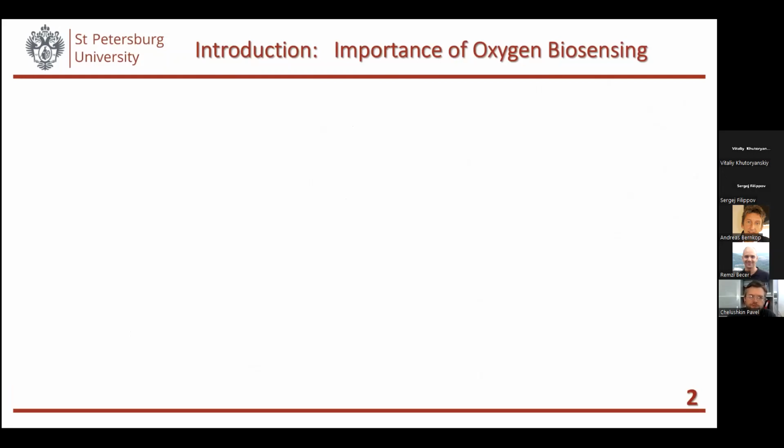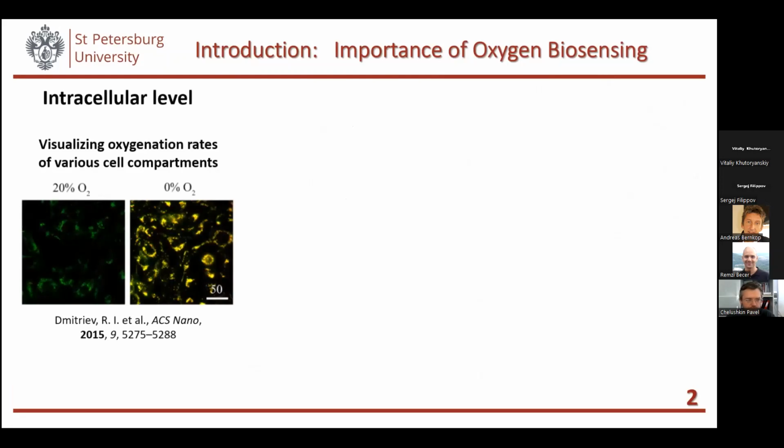about the importance of oxygen biosensing, it's quite difficult to overestimate its significance, because we need the knowledge of oxygen distribution on all the levels of life organization. And if we talk, for example, about the intracellular level, we always need to know information about cell respiration, about the exact concentration of oxygen inside mitochondria or endosomes or lysosomes.